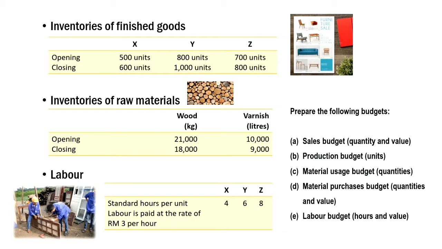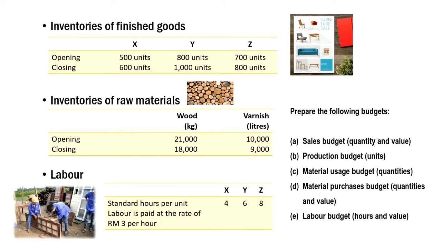For example, in order to produce product X, the direct labor hours required is 4 hours. For product Y, 6 hours. And for product Z, 8 hours. And each hour is charged at 3 ringgit per hour.